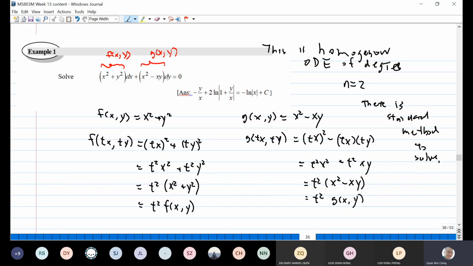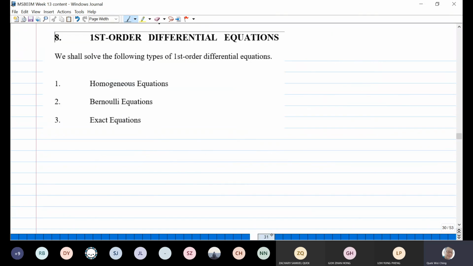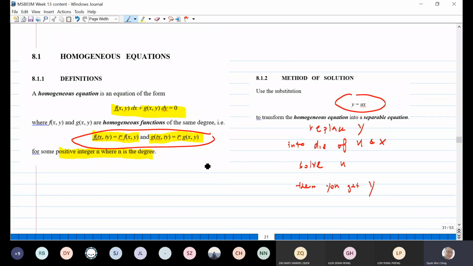So check this homogeneous. How to check homogeneous? Basically, homogeneous is one way. How to test homogeneous? And then the standard method to solve this is y equal u times x.